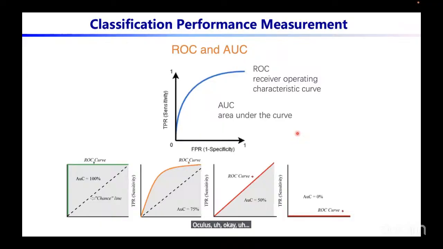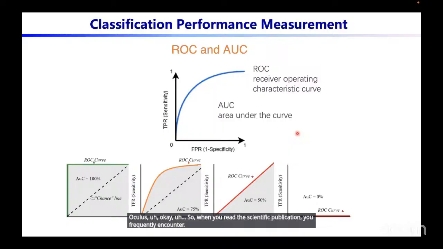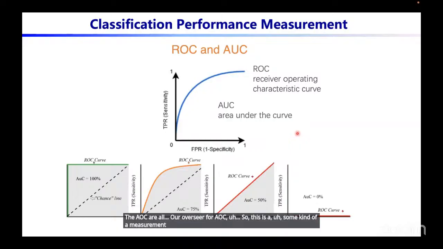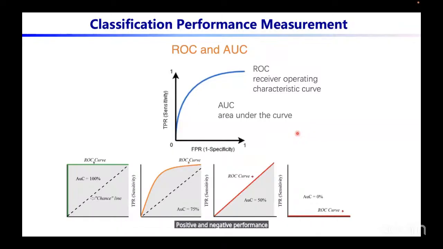When you read scientific publications, you frequently encounter the AUC or the AUC of the ROC. This is a measurement that balances, as I mentioned, the positive and negative performance with imbalanced data.